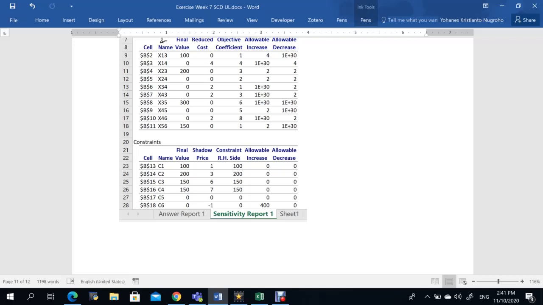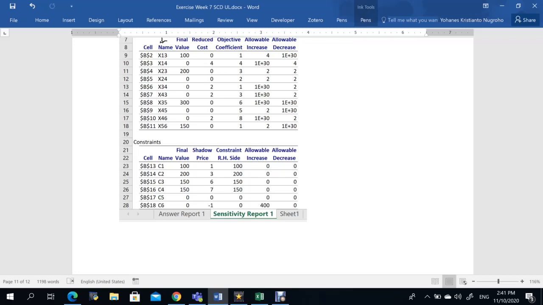And the last question is related to the transshipment problem, where we utilize Excel Solver to find the optimal solution. We have 2 suppliers, 2 distribution centers, and 2 demand points, in this case retailers.